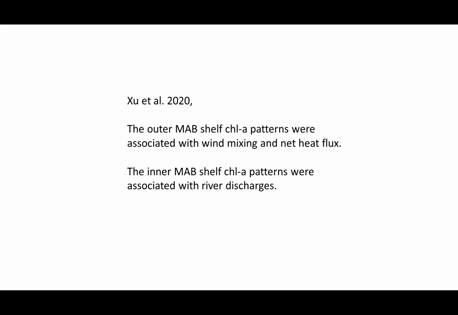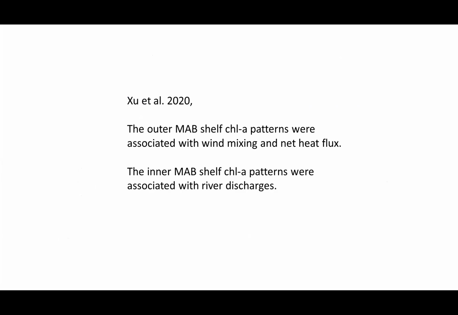In a report that just came out from Zhu et al., they looked at patterns of chlorophyll variability in the Mid-Atlantic Bight segment of the Northeast Shelf. They found that the outer part of the Mid-Atlantic Bight is more classically controlled by vertical structure of the water column. In other words, patterns of chlorophyll are associated with wind mixing events that relocate nutrients up into the upper layers.